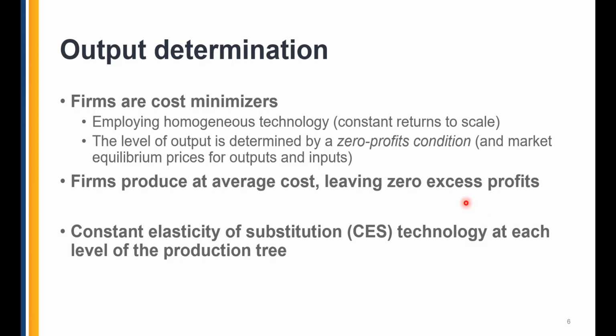And so we might think about output determination really being determined by cost minimization on the firm side. Firms are using a homogeneous technology, the CES. We are using a homogeneous CES that will employ constant returns to scale, and then that means that the level of output will need to be determined in this cost minimization problem using a zero profits condition.